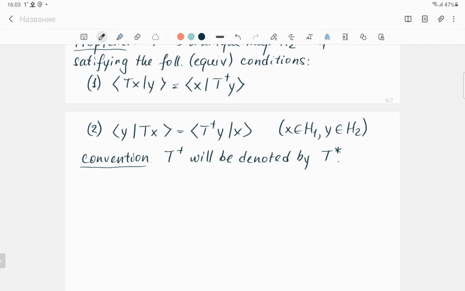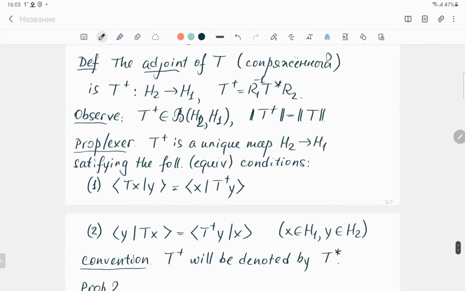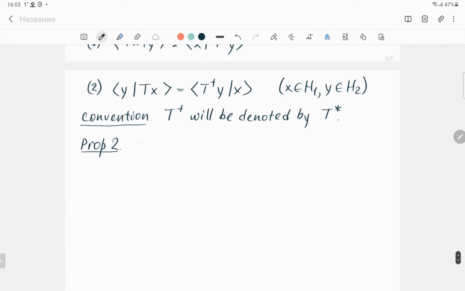Okay, let's now look at some properties of the operation of taking the adjoint. Proposition 2. And this was proposition 1, and this is proposition 2. First of all, the operation of taking the adjoint is an involution in the set theoretic sense. If we apply it twice, then we get the identity map.